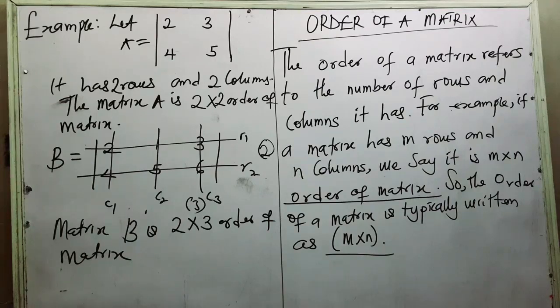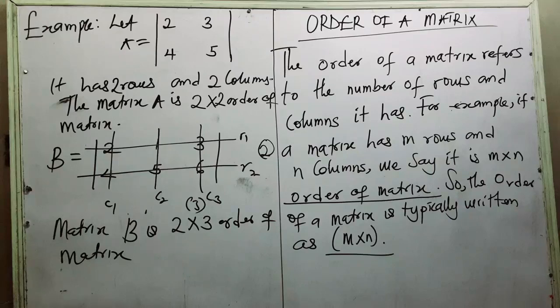As I've said earlier in the definition, the order of a matrix refers to the number of rows and columns it has. For example, if a matrix has m rows and n columns, we say it is m by n order of matrix. So this is how we pronounce the order of a matrix.